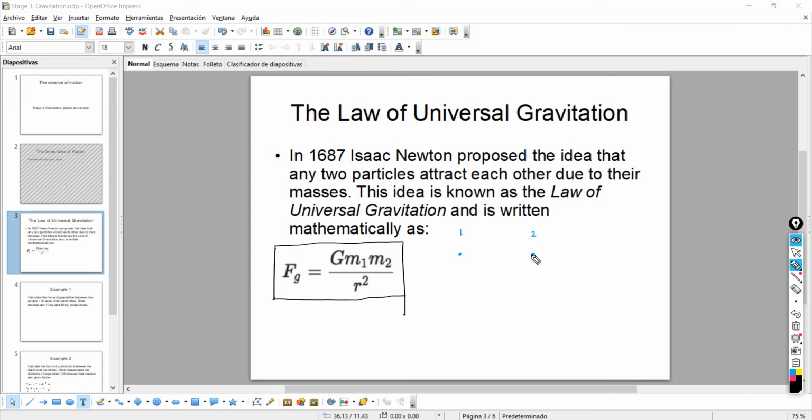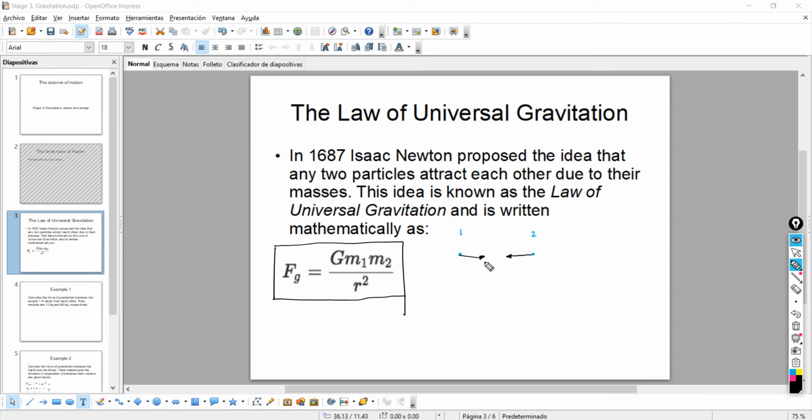I'm going to represent that with this arrow, the force of attraction that particle 1 applies on particle 2. Now, at the same time, particle 2 attracts particle 1 towards itself, in the opposite direction. This represents the force of attraction that particle 2 applies on particle 1.